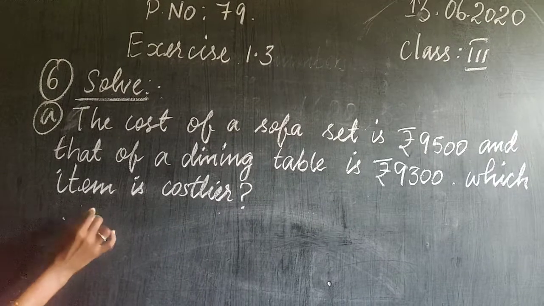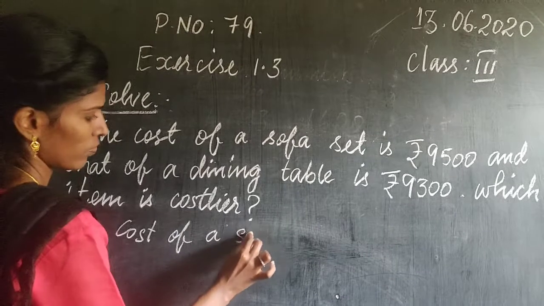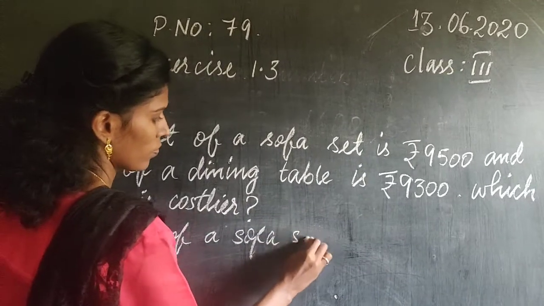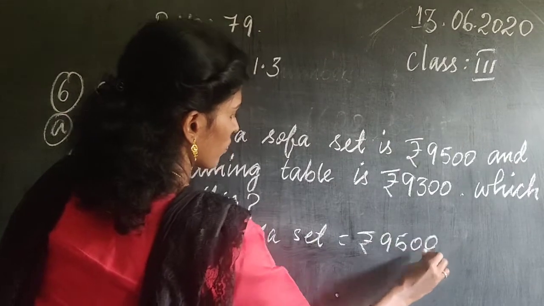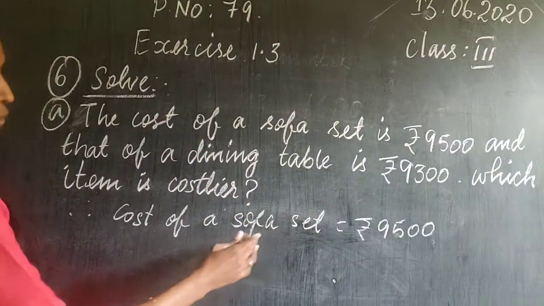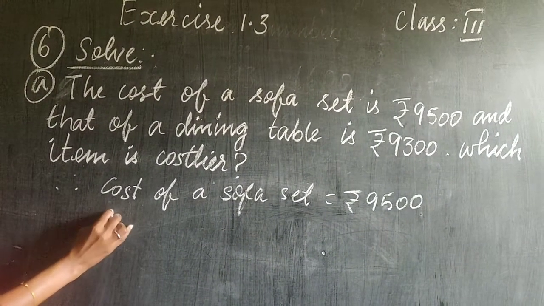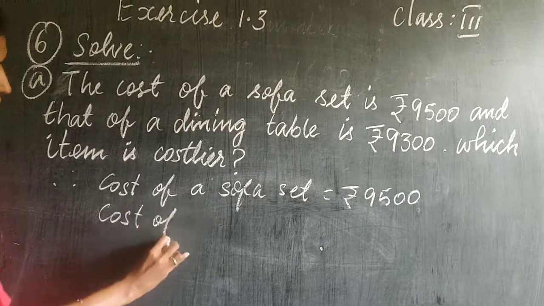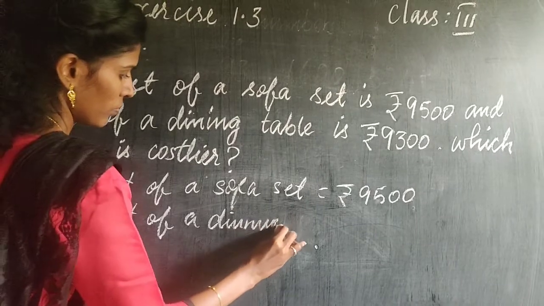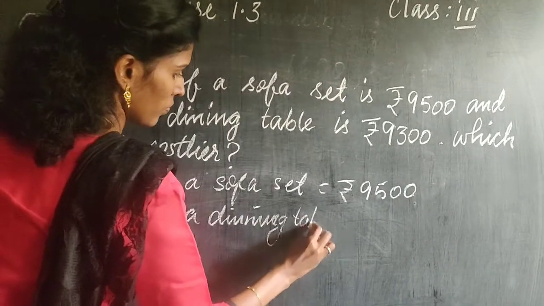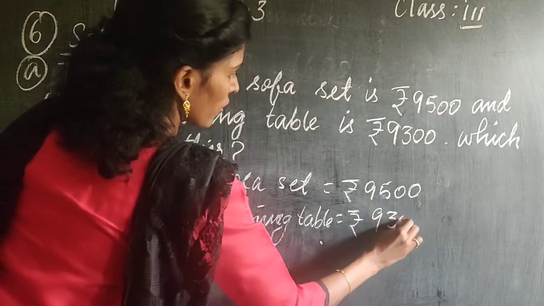So first let us write. Cost of a sofa set equal to rupees 9,500 and cost of a dining table equal to 9,300.